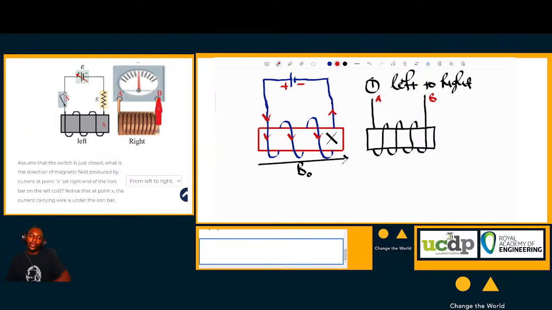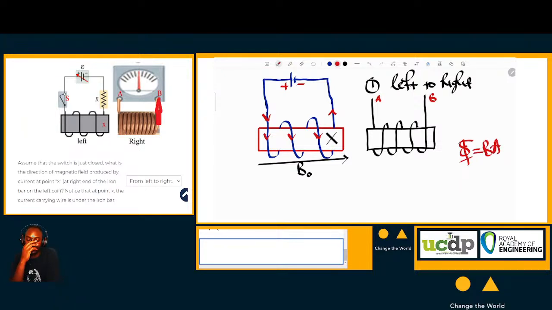Whenever we have got a changing flux, we will induce a current in the coil on the right. And remember, flux phi is equal to BA.